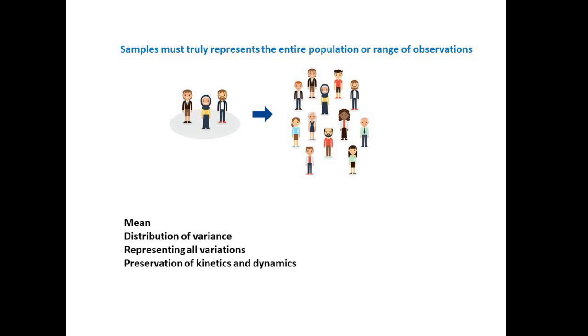The age of disease onset, survival rate, death rate, birth weight. These are the different kinetics and dynamics of a population, and the sample should have all these variations preserved in it. Then only we say it is a true representation of the entire population or the range of observation. Whatever observation is present in the population should also be present in your sample, though your sample is much smaller than the whole population.